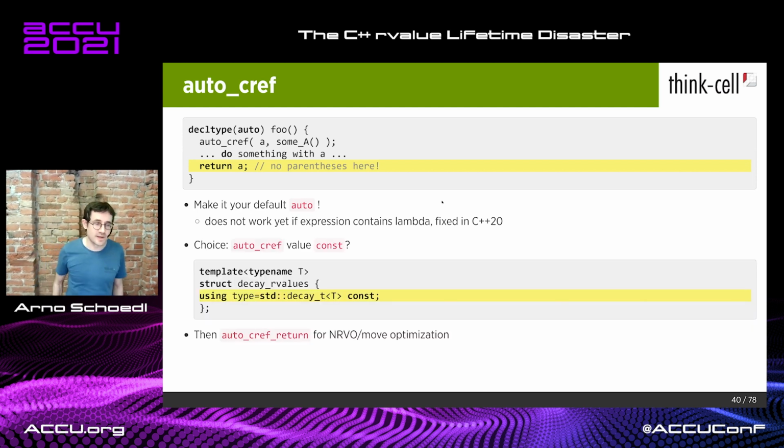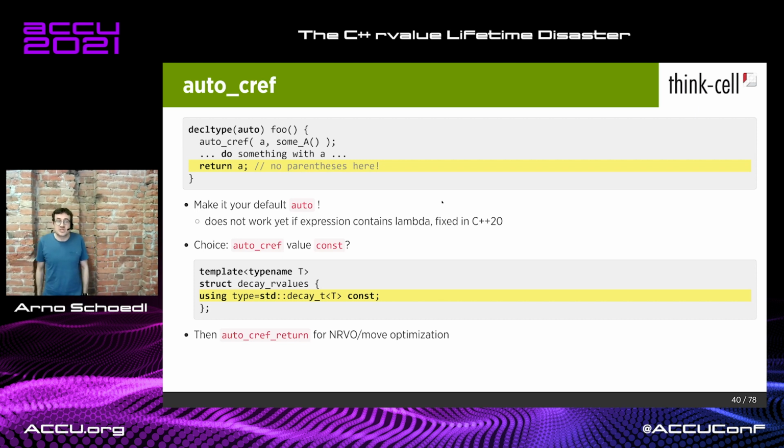Now, there is one little peculiarity, a detail, that you can choose whether to make this decayed value const. Strictly speaking, the semantics of what's being returned is const, because it's generic code. So some A could either return a constant reference, which would be const, or a value.